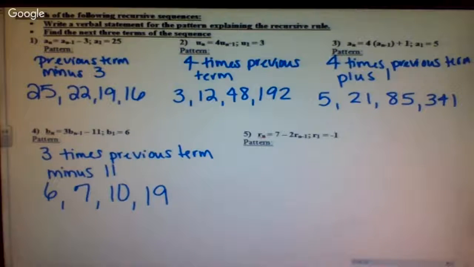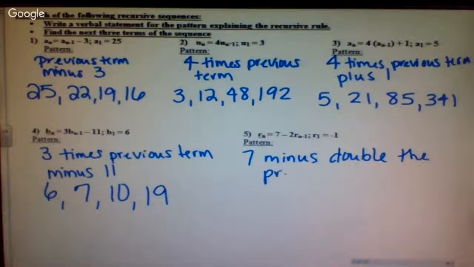And finally, number 5. 7 minus double the previous term. Okay, you could have also written 7 minus 2 times the previous term. 2 times and double mean the same thing.